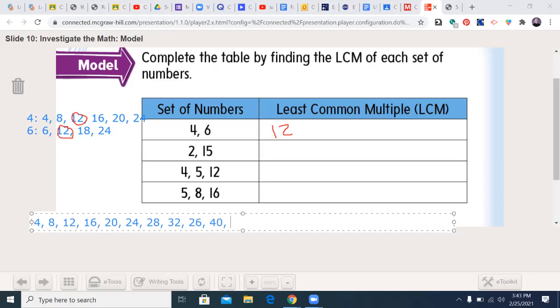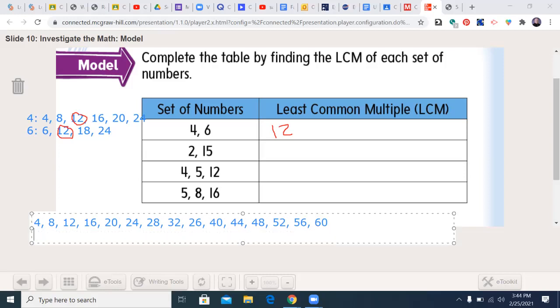Let's make it a lot longer: 44, 48, 52, 56, and 60. It's a lot of numbers.